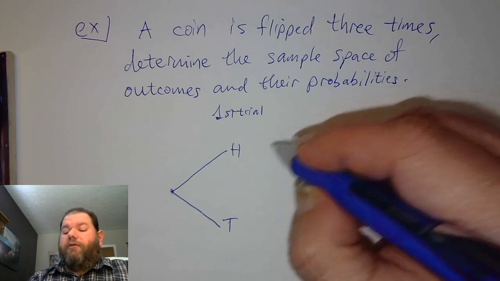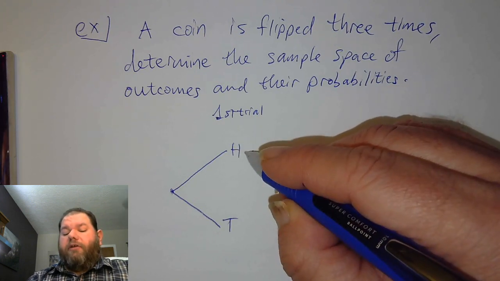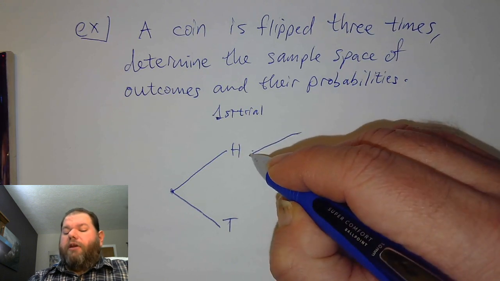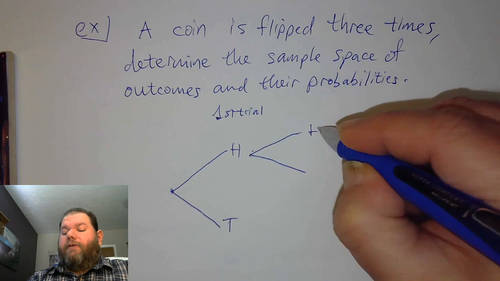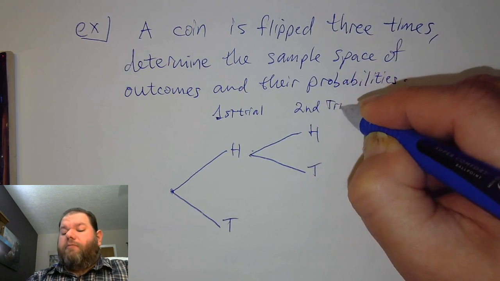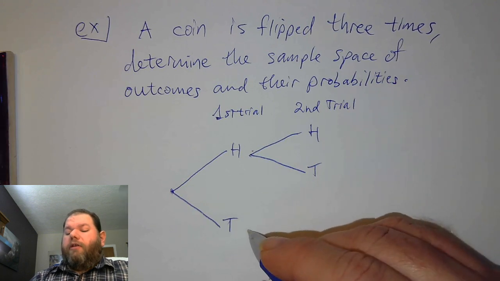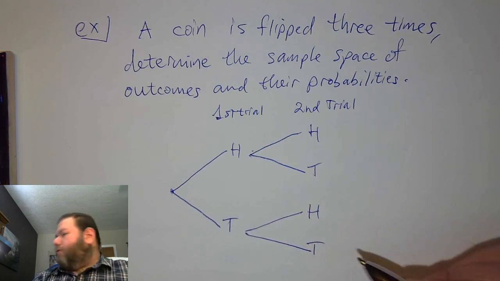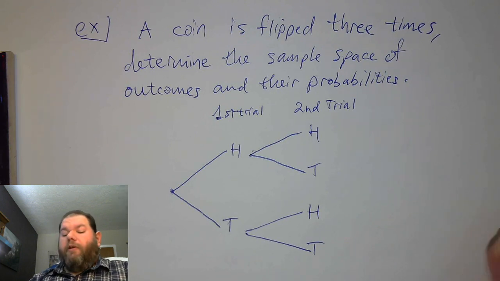So if we got heads on the first toss, we still have 2 equally likely outcomes, heads and tails, on the second trial. And that's true for both. Even if we got tails first, we still have heads and tails as a possibility.